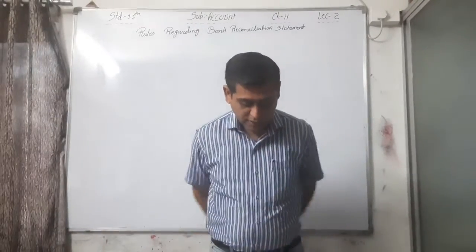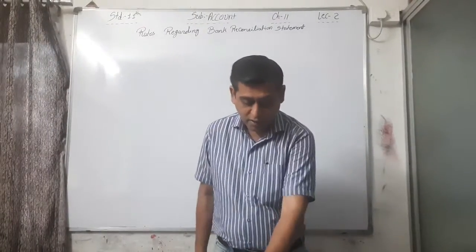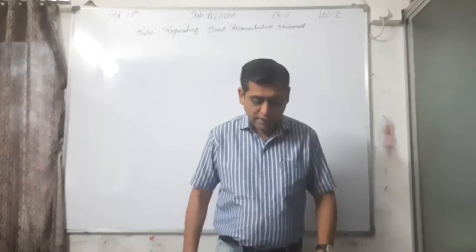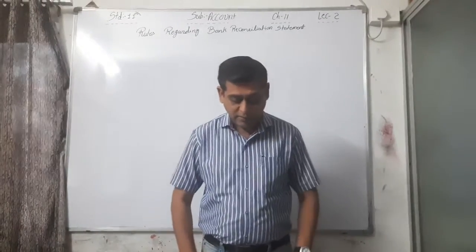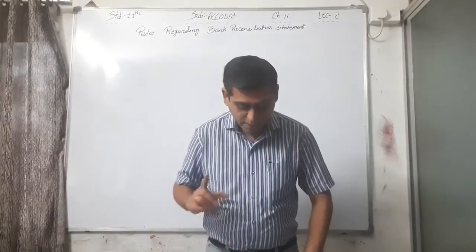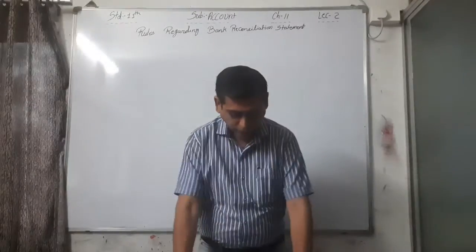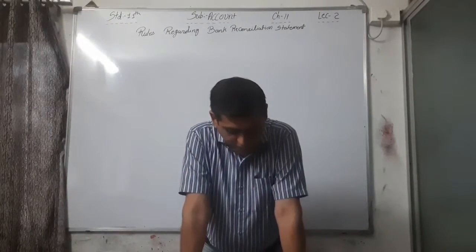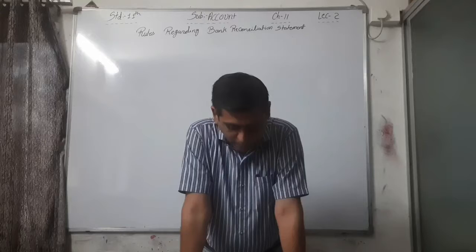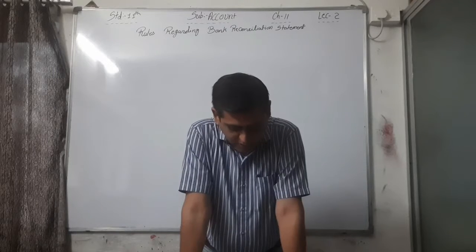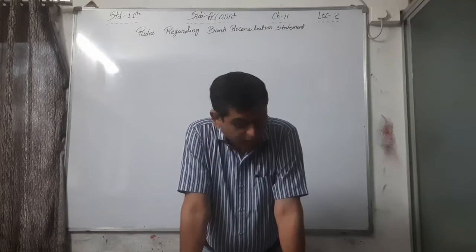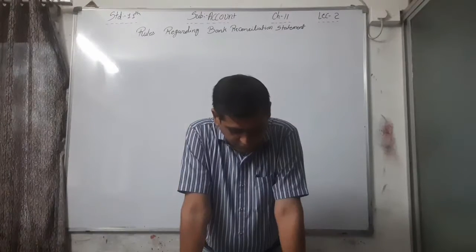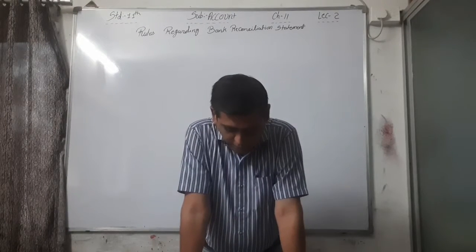Now we are starting our 7th point, reasons for difference for bank balance between cash book and passbook. When a trader enters into transactions with the bank, he records the same in his cash book, and the bank records it in the passbook and gives it to the trader.